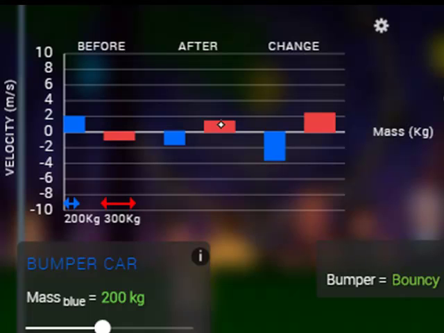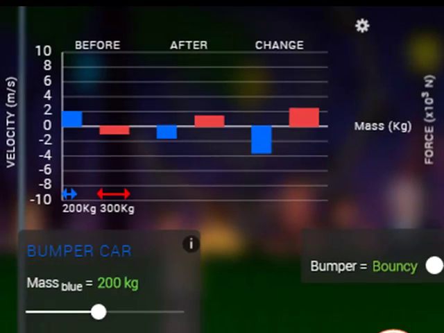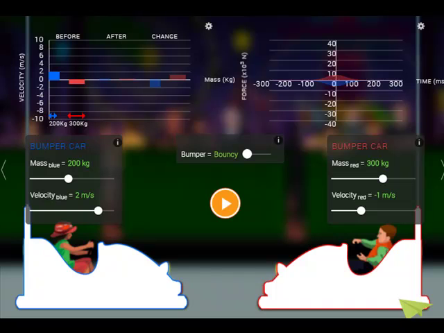A different distribution of our momentum afterward. But again, our momentum before was 100 kilogram meters per second. Afterward, it's also 100 kilogram meters per second, but divided differently between the two objects. And we'll run this again.